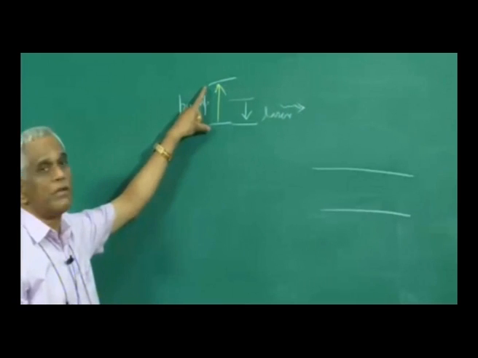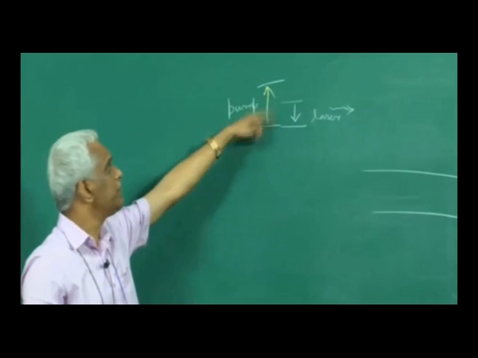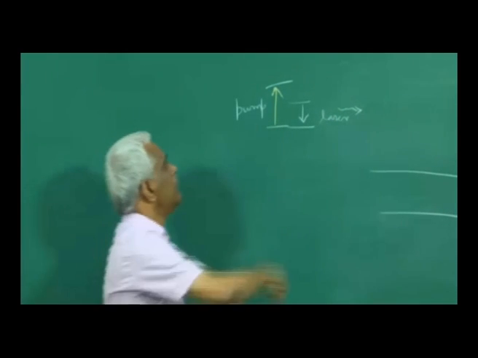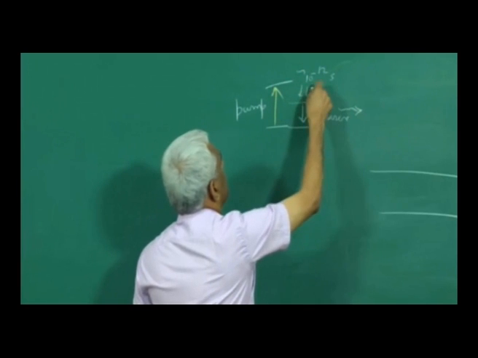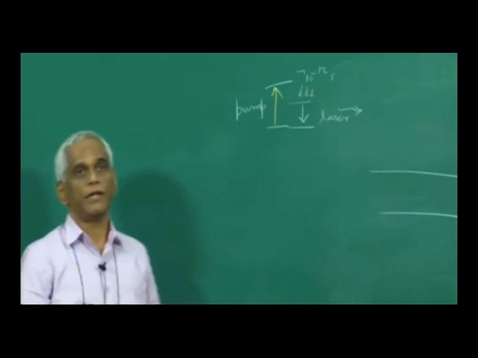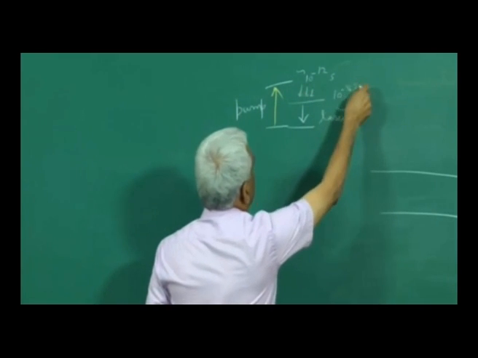You need to have a lamp there to pump it, optical pumping. So you put a very powerful lamp there to do this. And the atoms within 10 power minus 12 seconds come here by a non-radiative transition, and this lifetime is 10 power minus 8 seconds.